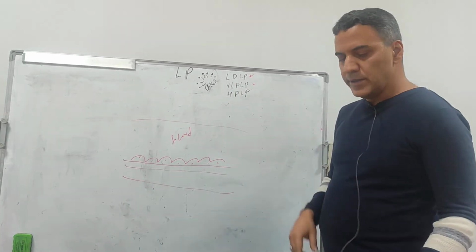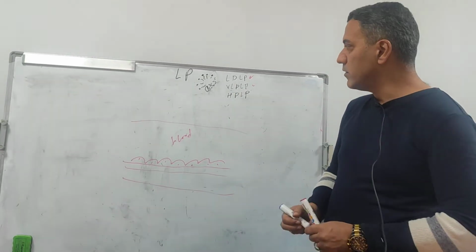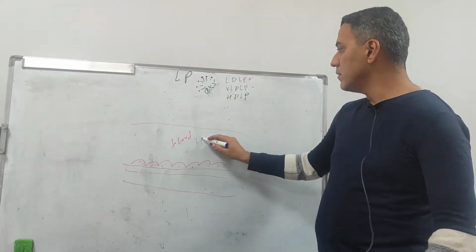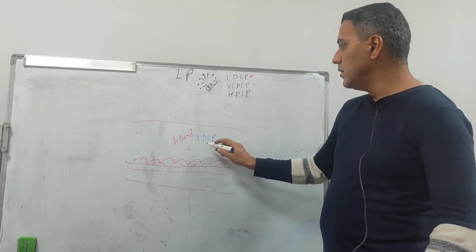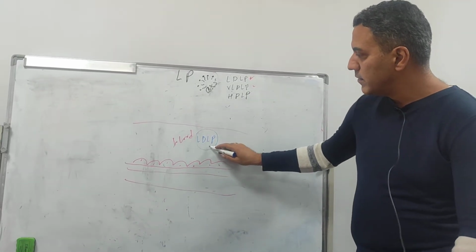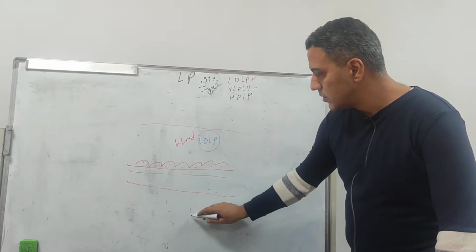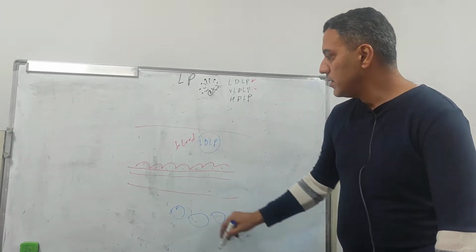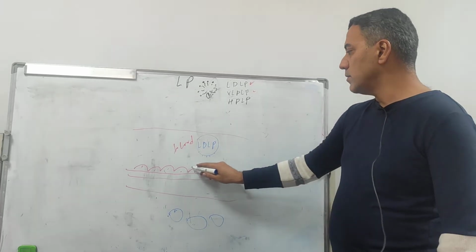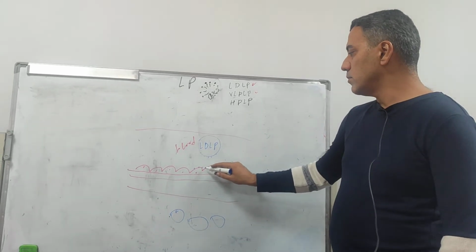How is it happening? This is, for example, low density or very low density lipoprotein. It comes. I want to transfer this fat from inside this to this tissue. How is it happening? We have receptors here, and receptors here.